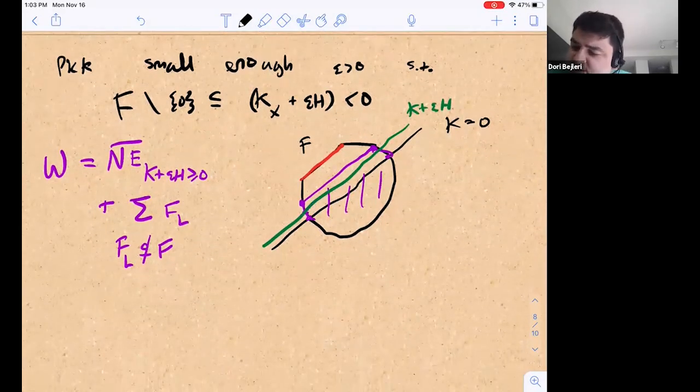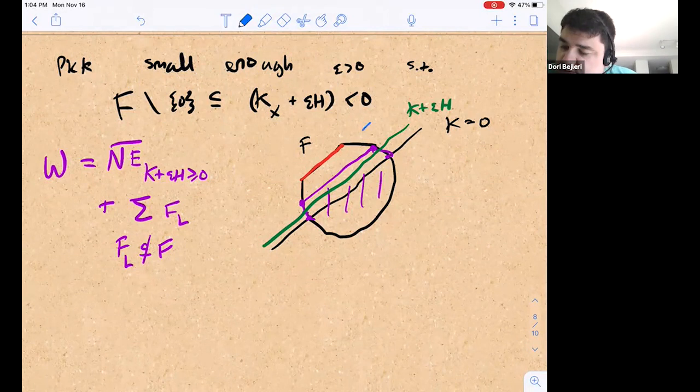And now that tells us that we can find some G that sits in between, that separates the face F and the closed subset W. So we can pick some G over here. Actually, sorry, I want to pick some G that vanishes on F, but is strictly positive on W. So here's our G equals 0.